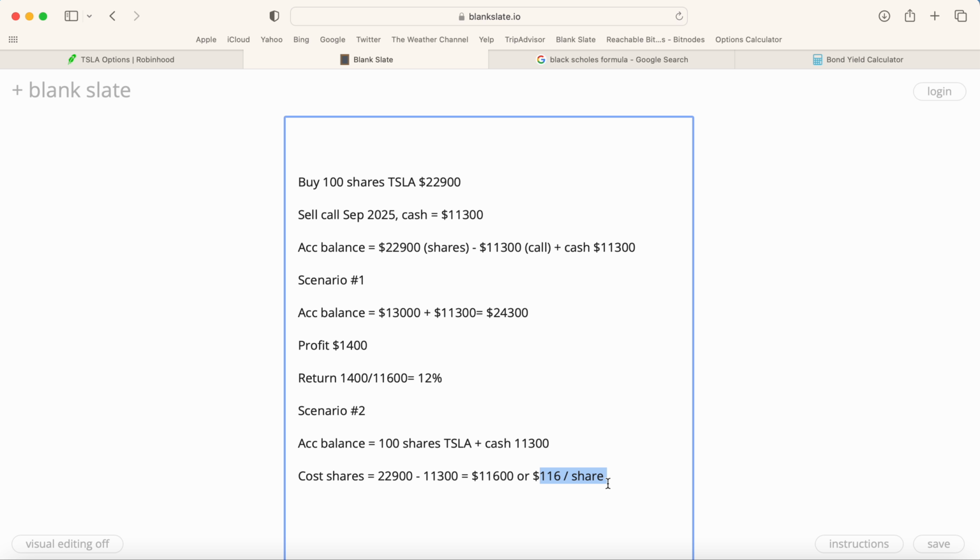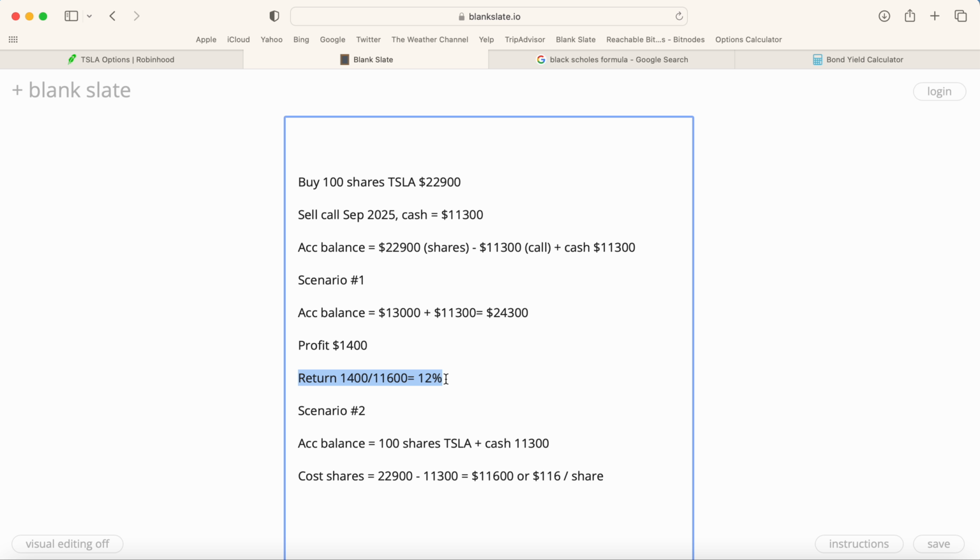But look at this strategy. The stock price will truly have to drop over 50% in order for you to be forced to hold the shares, if that is what you're looking for. But if the shares increase in price, you're looking at approximately a 12% return. And this is only in a matter of 1 year. You can be doing this year after year after year, continuously compounding your investment and continuously improving your cost basis on the shares that you are holding.